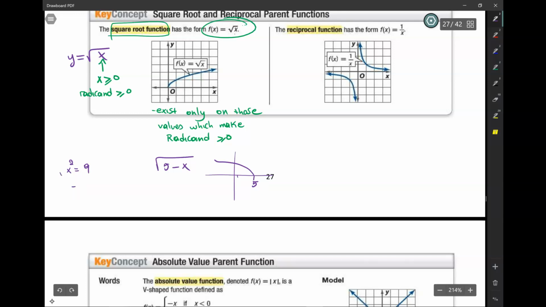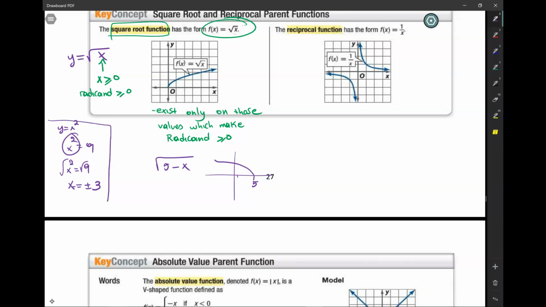You take a square root of both sides and now you say, okay, x is plus or minus 3. But that's different. That's a different function. What function did you start with here? X squared equals 9. You started out with y equals x squared. Okay? So you had y equals x squared and you gave it a value of 9. This is y equals the square root of x. So they're two different functions.